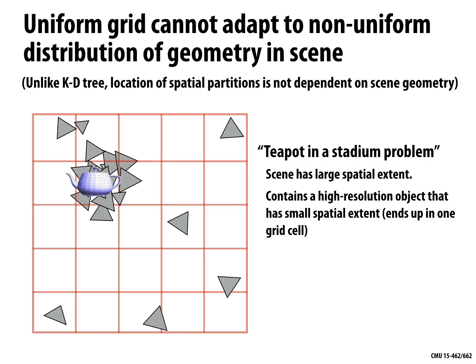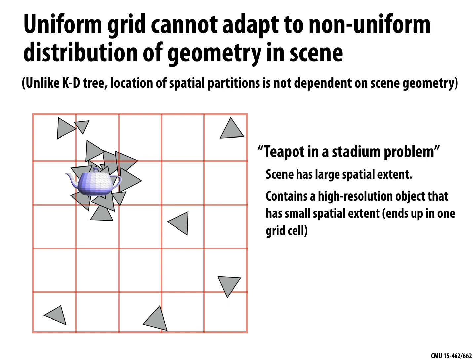On the other hand, there's cases that are really bad for a uniform grid. A uniform grid can't adapt fundamentally to non-uniform geometry in the scene. So a great kind of metaphor for this is what's called the teapot in a stadium. You imagine you have a scene that's a huge football stadium, and in the middle you have a teapot, this tiny little teapot, but actually that teapot has millions of triangles in it.